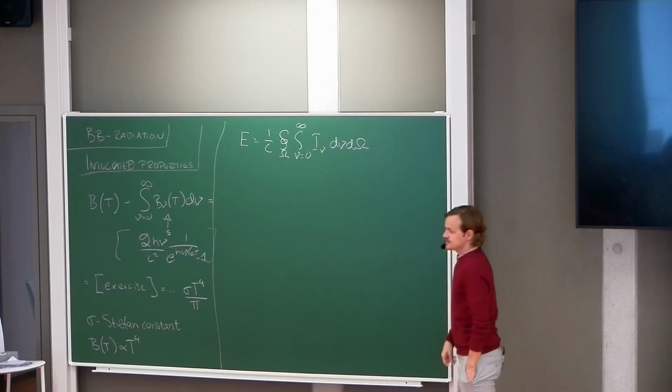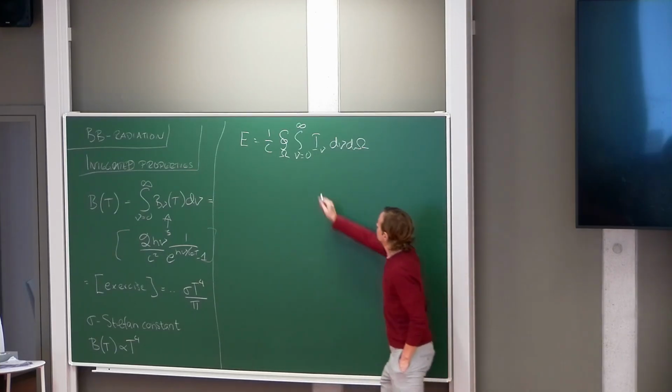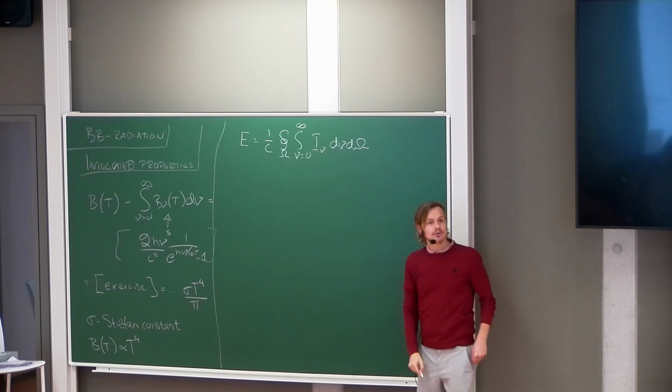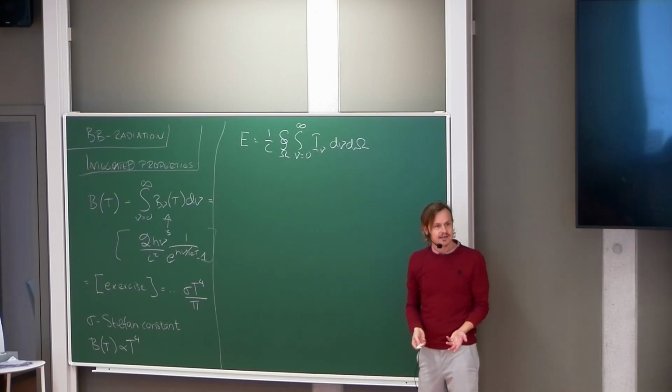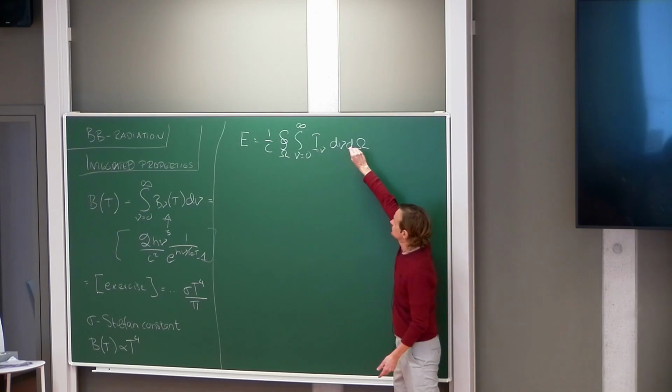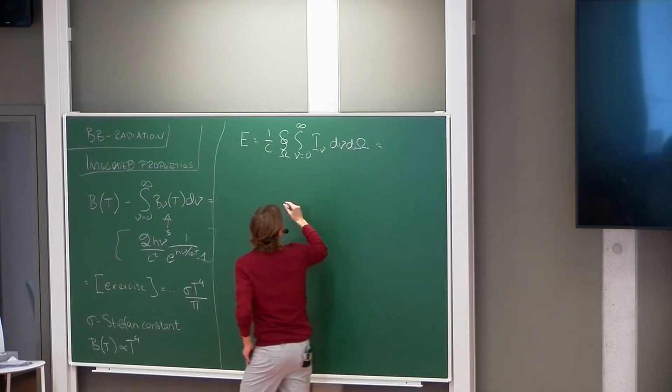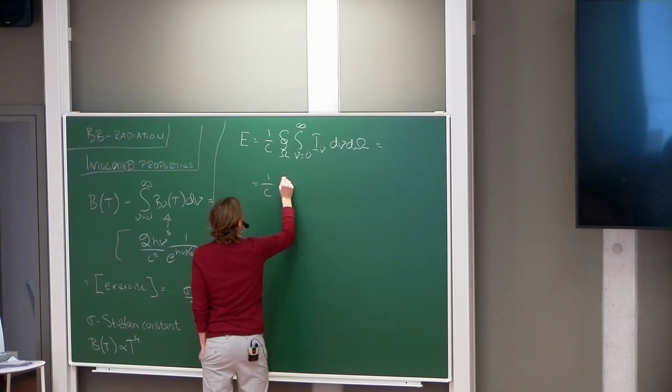But now we have said that the specific intensity is given by the Planck function, B_nu, and B_nu is angle independent. That is, it's isotropic. It doesn't contain anything there, right? So we can just separate these integrals.